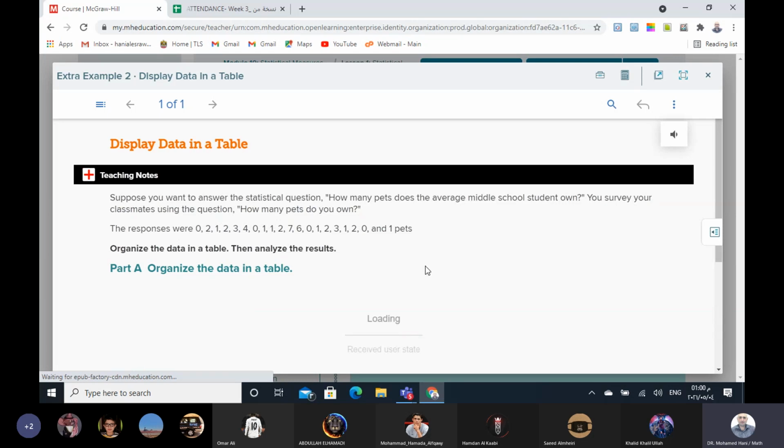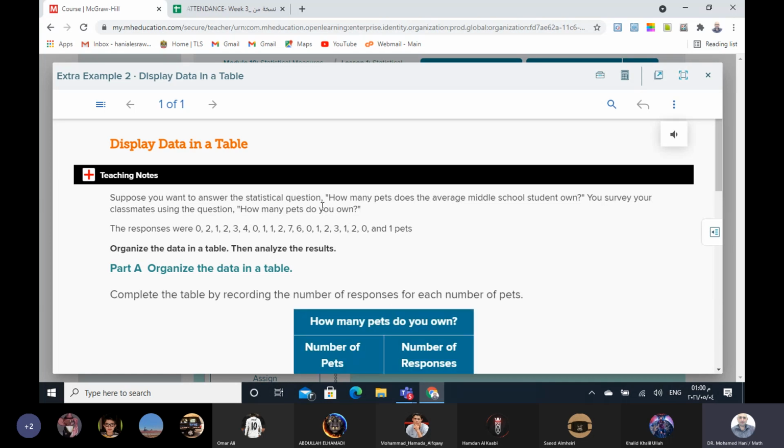Display data in a table. Suppose you want to answer the statistical question: how many pets does the average middle school student own? You survey your classmates using the question, how many pets do you own?